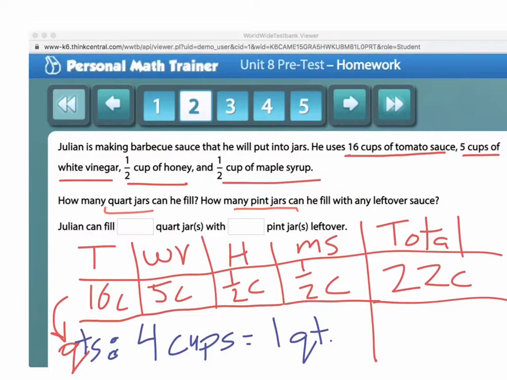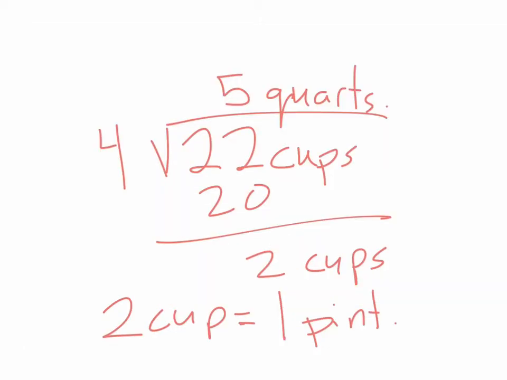So first thing you have to know, you have to convert from cups to quarts. I know that, I put it right here, quarts, 4 cups is equal to 1 quart. So I'm going to go ahead and convert these measurements above into quarts. Adding all those up, you end up with 22 cups. So how many times will 4 go into 22 cups?